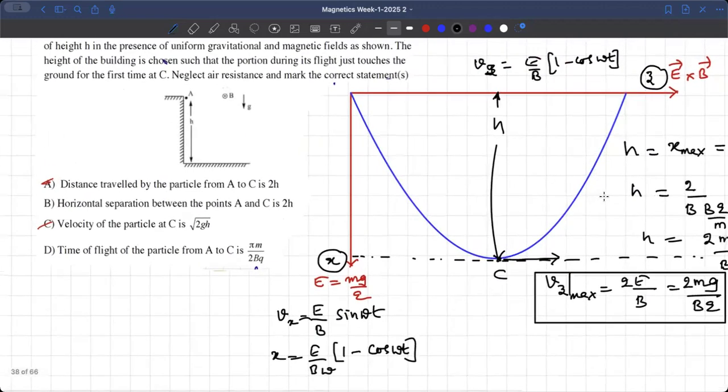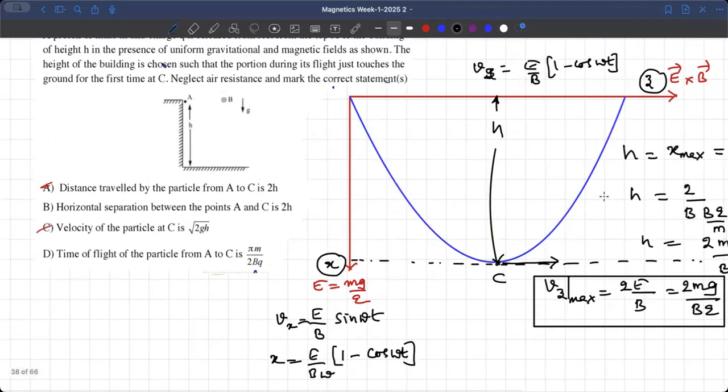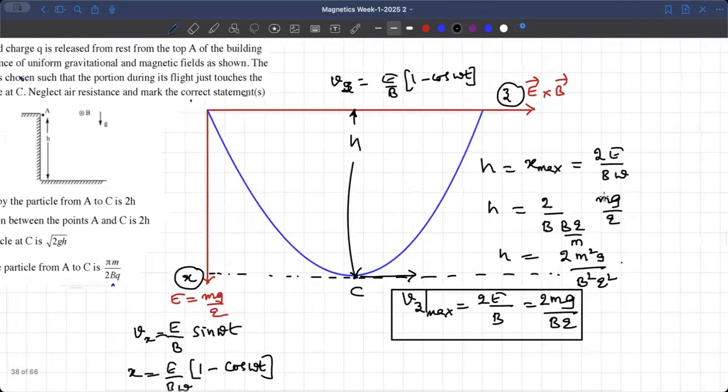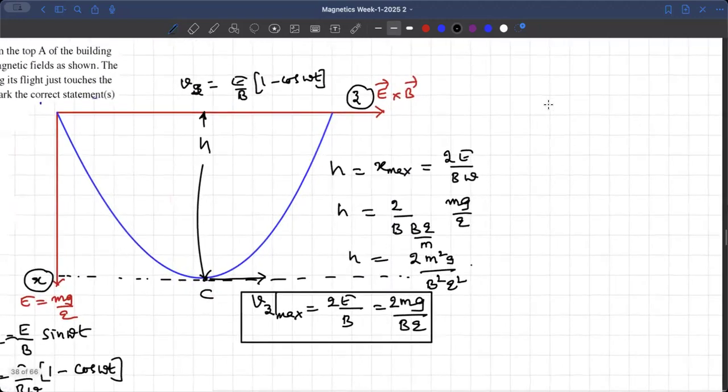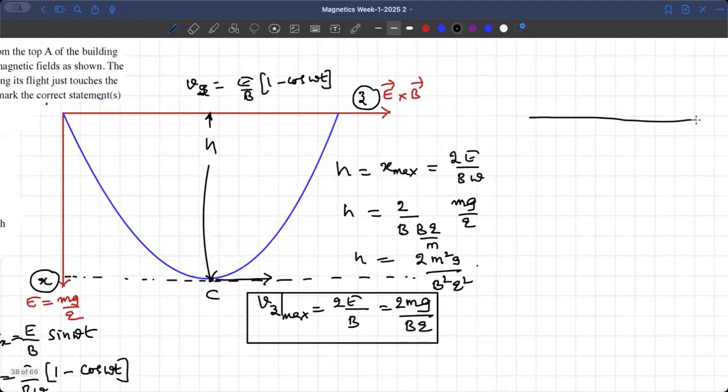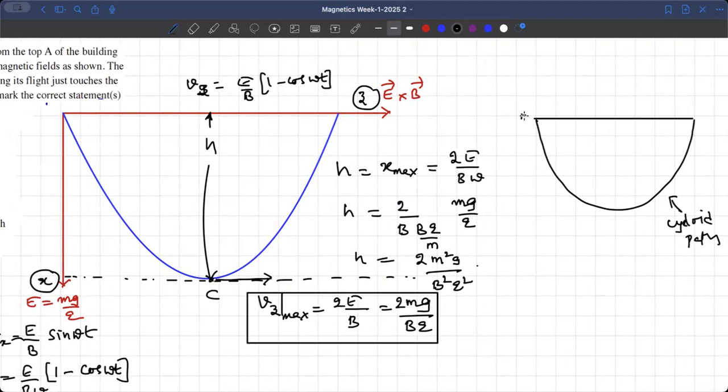Now distance traveled by the particle from A to C is 2h. How do I know it is 2h? Hold on. We already know in a cycloid path, I just told you, this is the cycloid path. In a cycloid path, if suppose this is A, this is C, and say this is A dash, this is 2R.